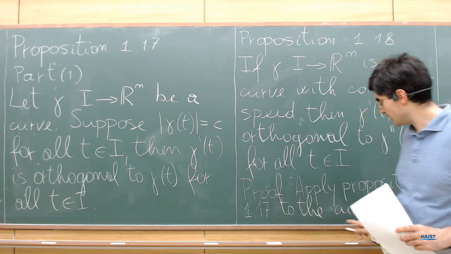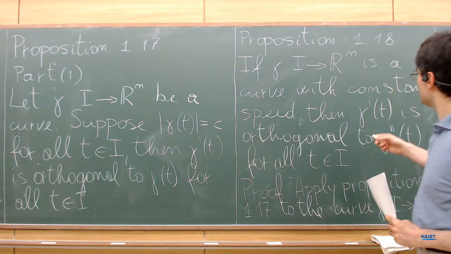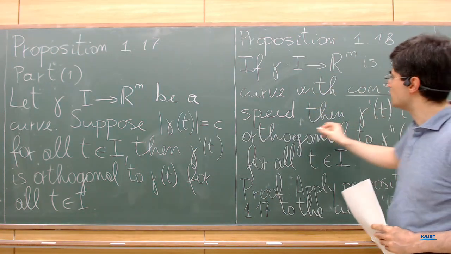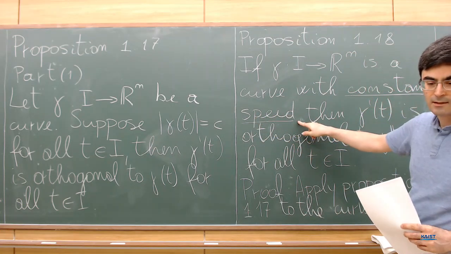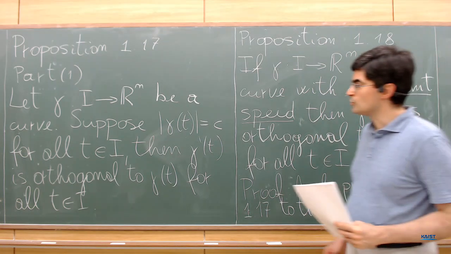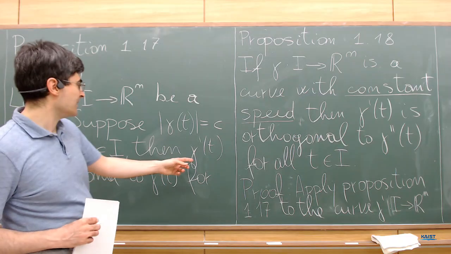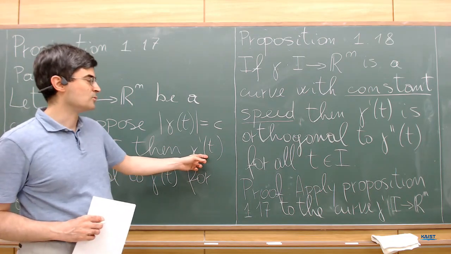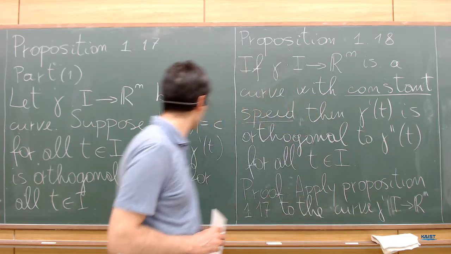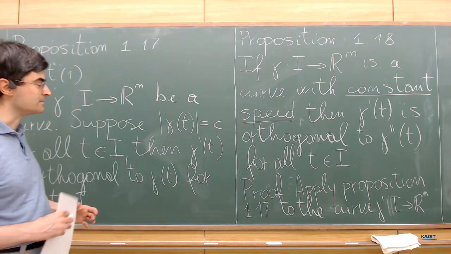Because the curve gamma prime satisfies this hypothesis. It's written here. If a curve gamma has a constant speed, then the vector gamma prime has a constant length for any t in I. So you get immediately the result from here. You get that gamma second, which is the derivative of gamma prime, will be orthogonal to gamma prime for any t in I.